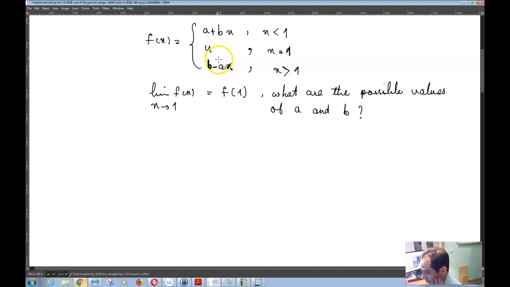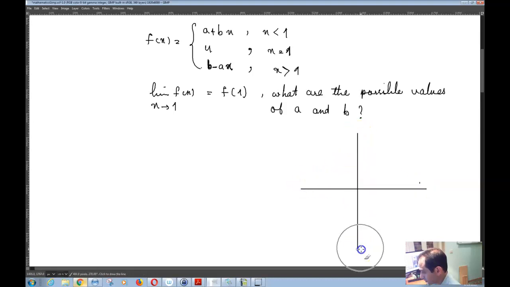Of course, not any a and b, because the function has to be something like this. If the limit of f of x when x tends to 1 is equal to f of 1, which is equal to 4, then at 1, the output of the function is 1, 2, 3, and 4. So this is the output of the function at 1.